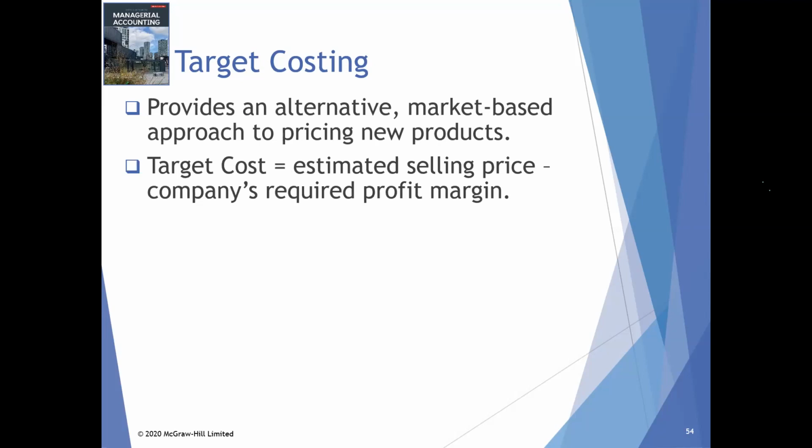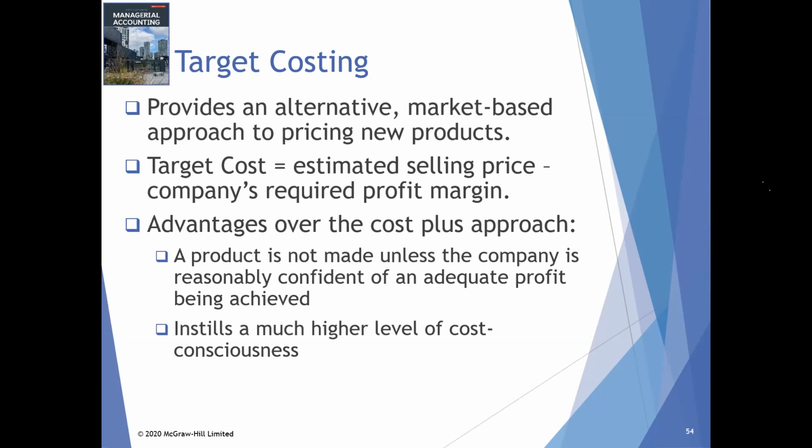And the target cost is equal to the estimated selling price minus the company's required profit margin. So whatever the required profit margin will be, it is deducted from the sale price, and that will be the cost. It means the company wants to set the target cost. So this is the cost above which we cannot tolerate, right? So that is the target cost.